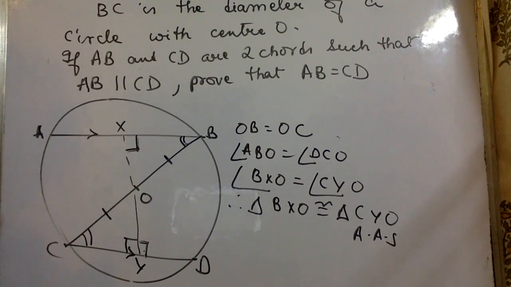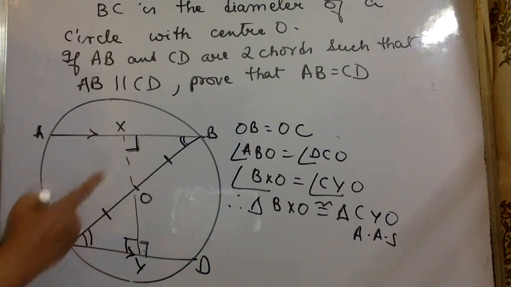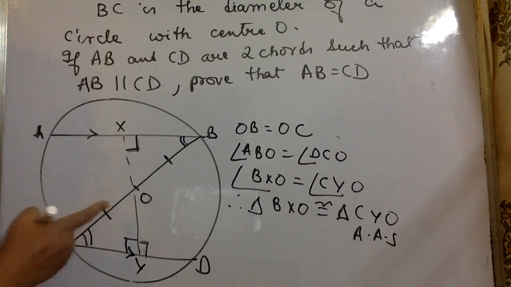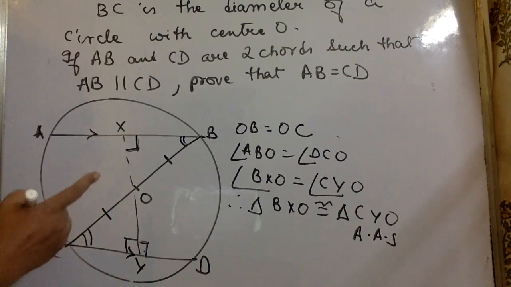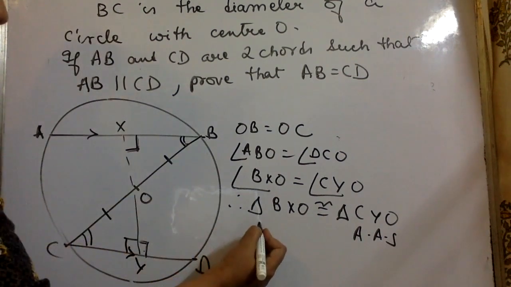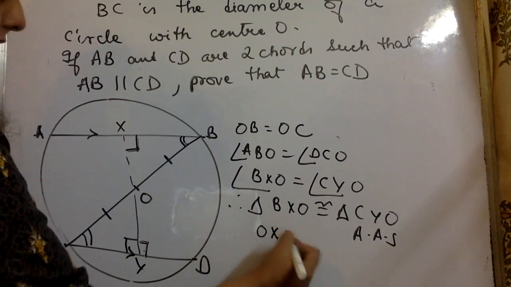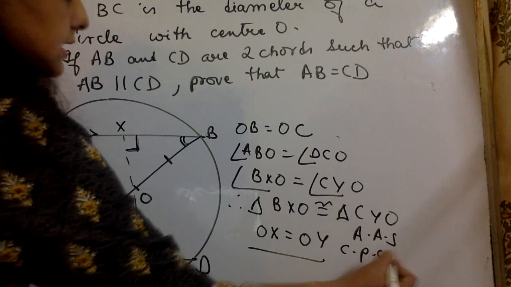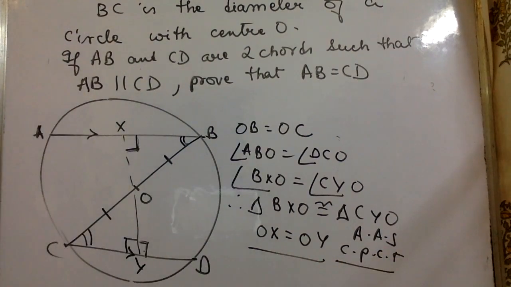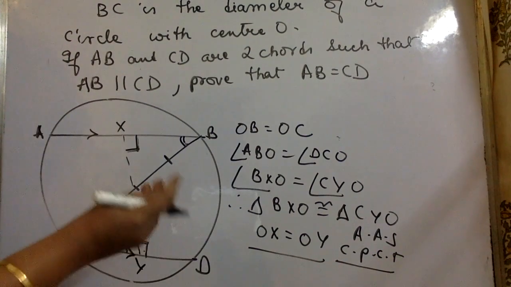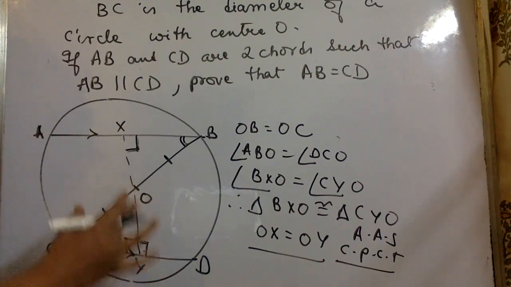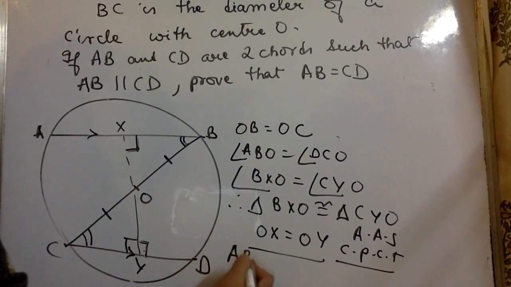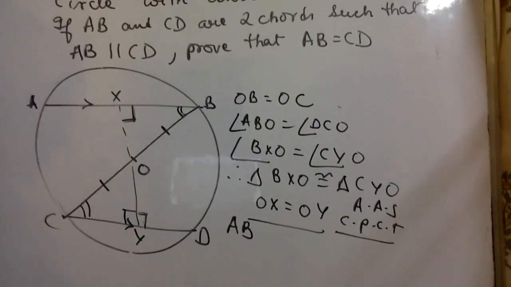If it is so, by angle side postulate, then I can say that OX is equal to OY. Why? By CPCT, corresponding parts of congruent triangles. My very next line after this, I can straight away write AB is equal to how much?